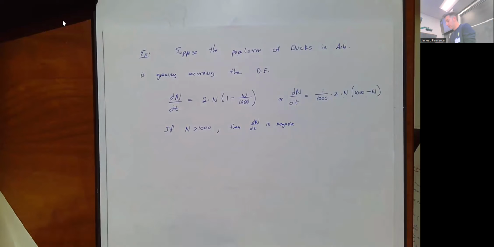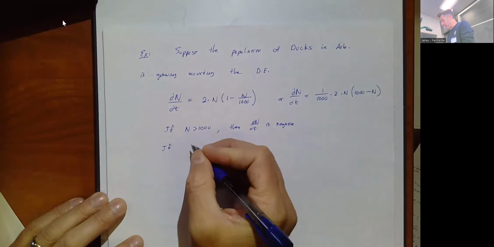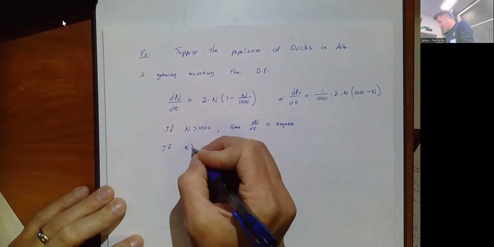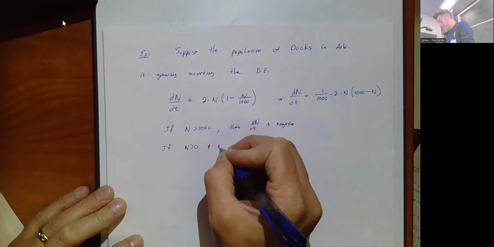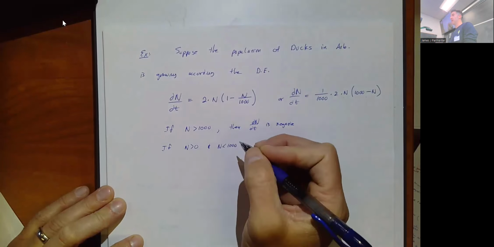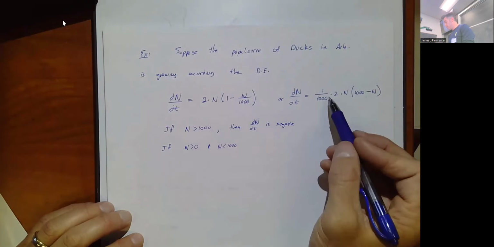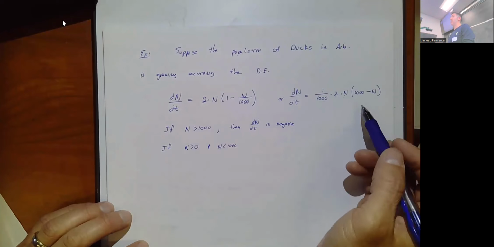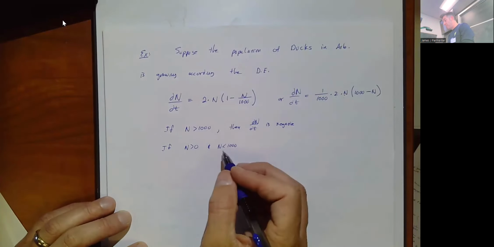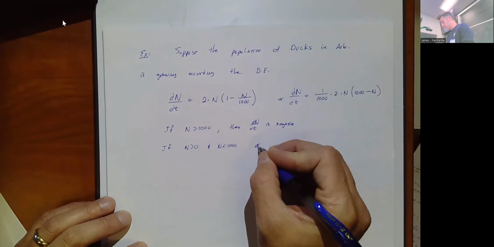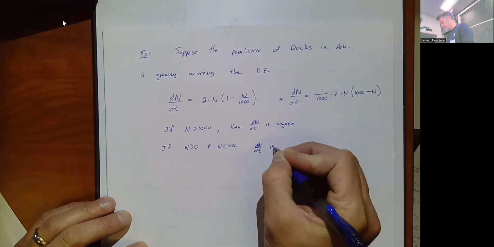On the other hand, if n is bigger than 0 but still less than 1,000, for example 600, if you plug in 600, 2 times 600 times 400 is definitely a positive number. So if we're in between 0 and 1,000, the rate of change is positive.